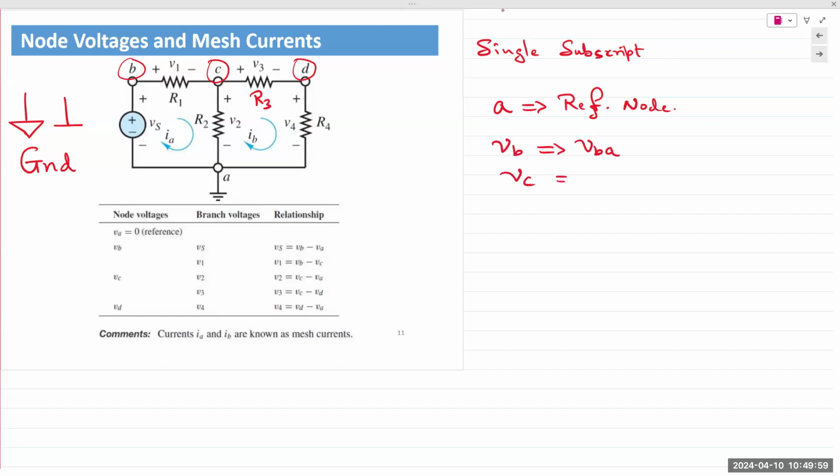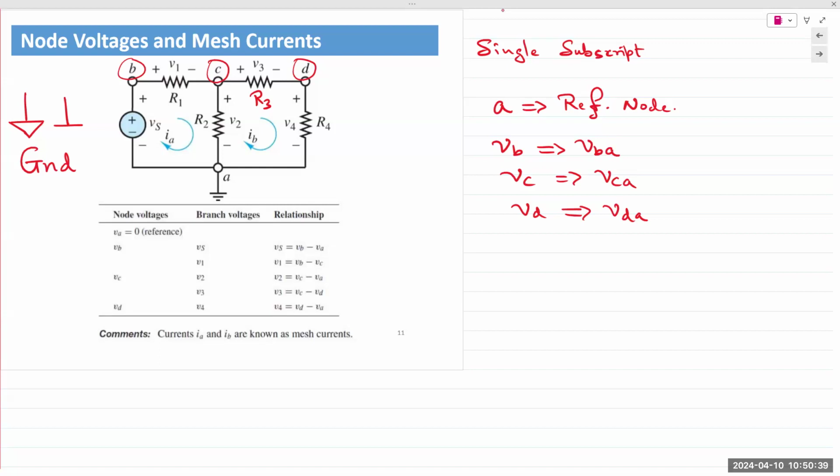VC refers to VCA and VD refers to VDA. And that is how you would relate the single subscript notation to a two subscript notation. The point of reference is implied. Okay, so if you state a node voltage, more often than not, it is the ground that is present in the circuit. Now, when you're setting up the problem for analysis, you can choose any node you want.